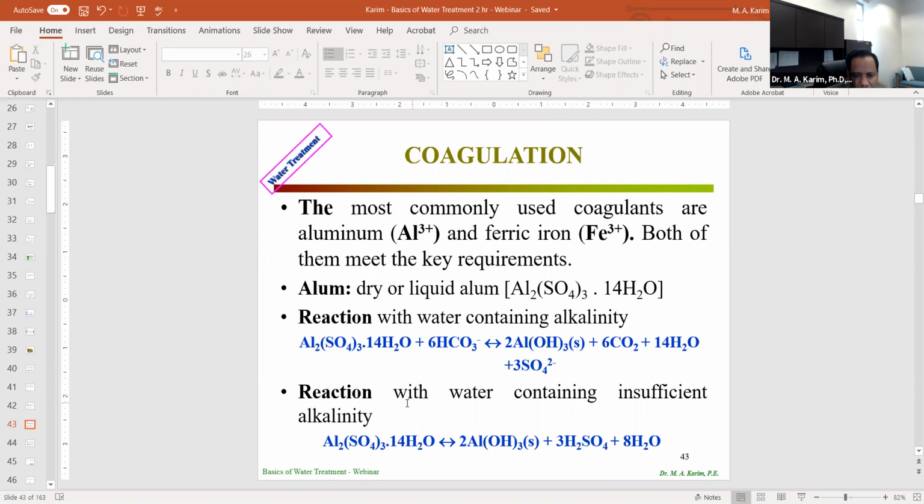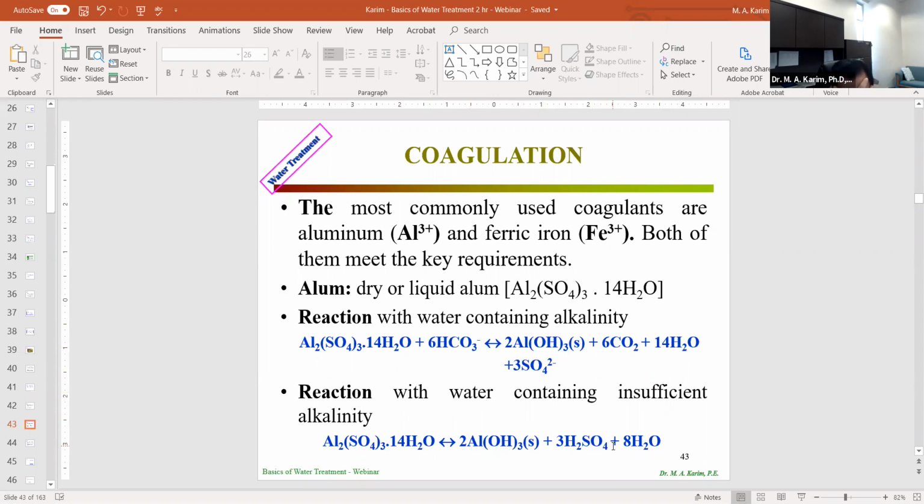If there is not enough alkalinity, that means the bicarbonate is absent from the water. Then what kind of reaction is going to happen? Aluminum hydroxide, that is a solid precipitate, sulfuric acid, and water. In here, you see the sulfuric acid was not there before. When it creates the sulfuric acid, the pH will go down.